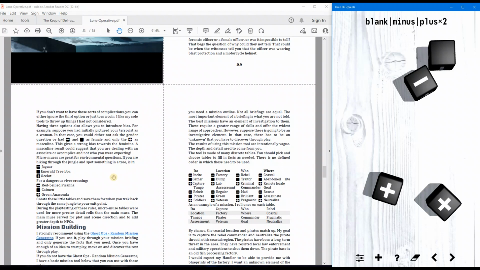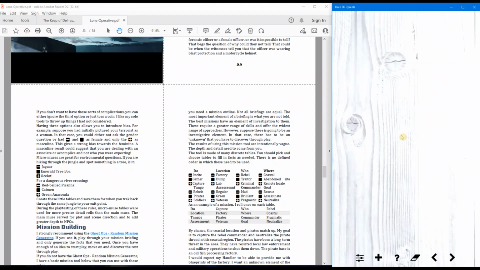Now you can also use it for location-specific things, say like wandering monsters in other games, random encounters. So if you're hacking your way through the jungle, you could just have a little table for this section of the jungle. You can have jaguar, emerald tree boa, ocelot.